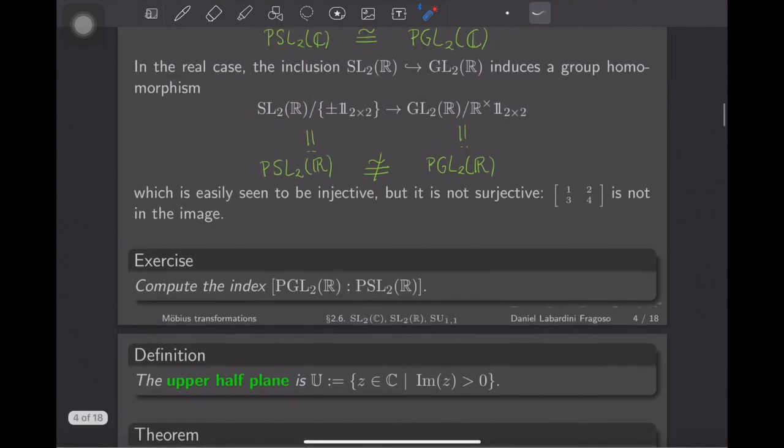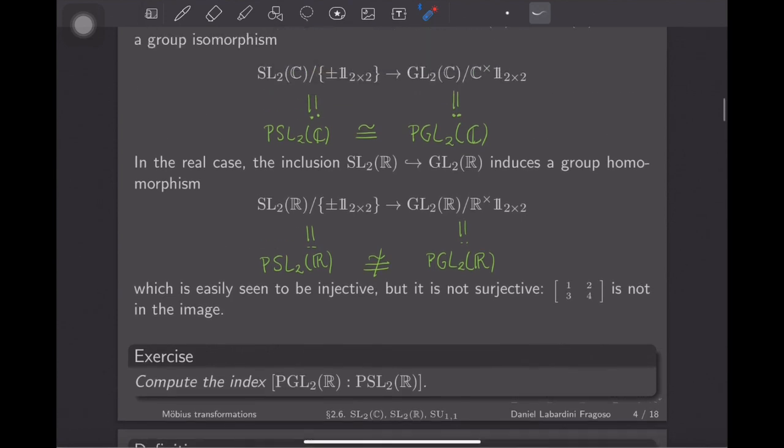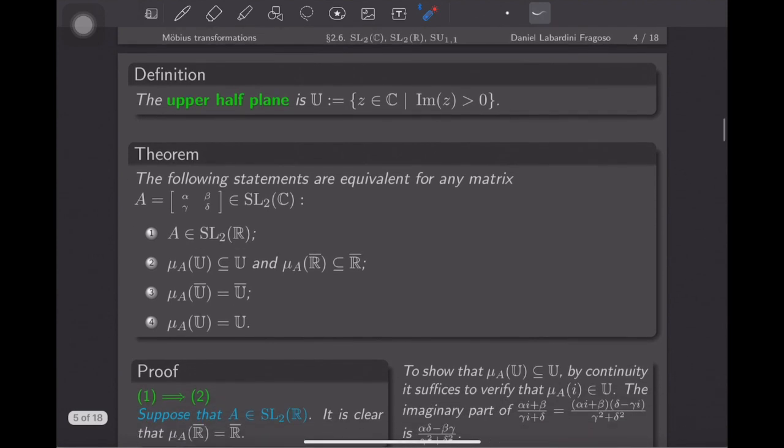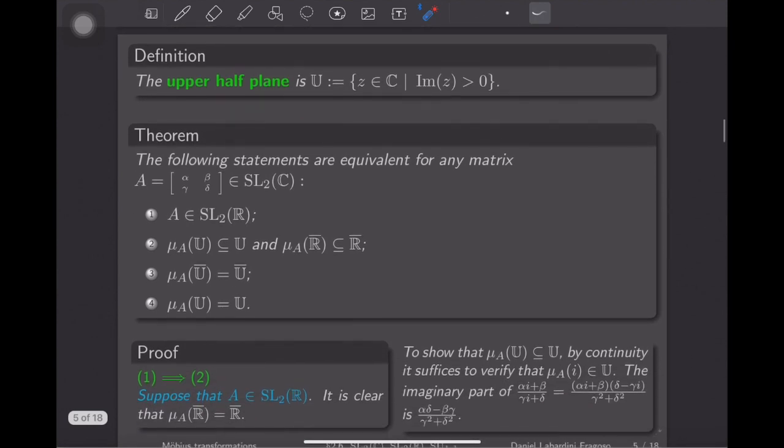Okay, now, for future reference, you see somehow here in this slide, I am already getting ahead of myself. I'm already thinking that the upper half plane is going to be a model of the hyperbolic plane. And I already know that I'm going to be interested in computing the isometry group of that model.